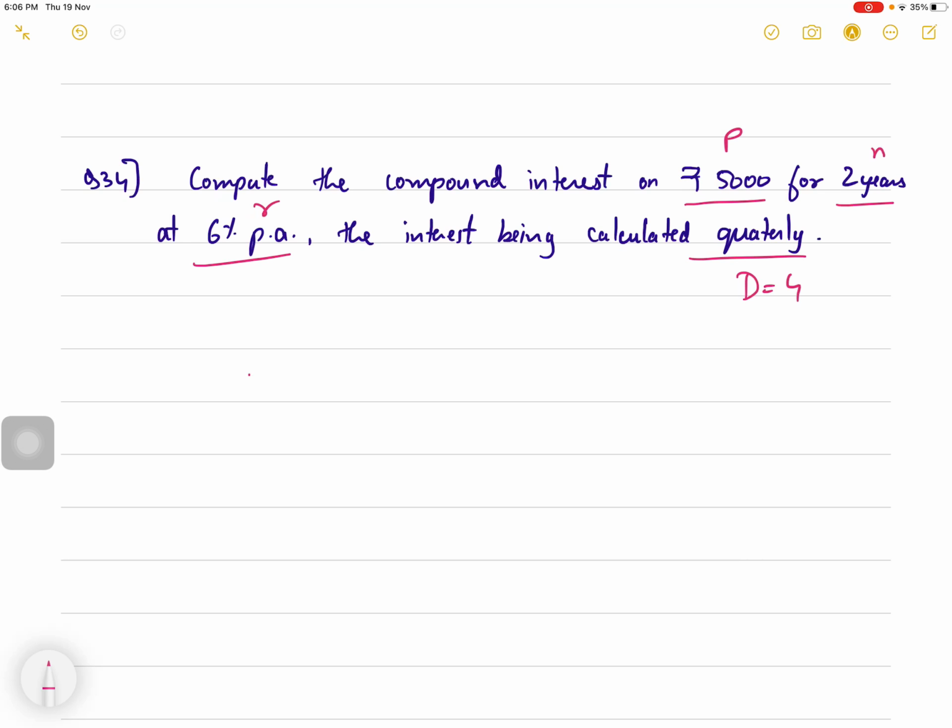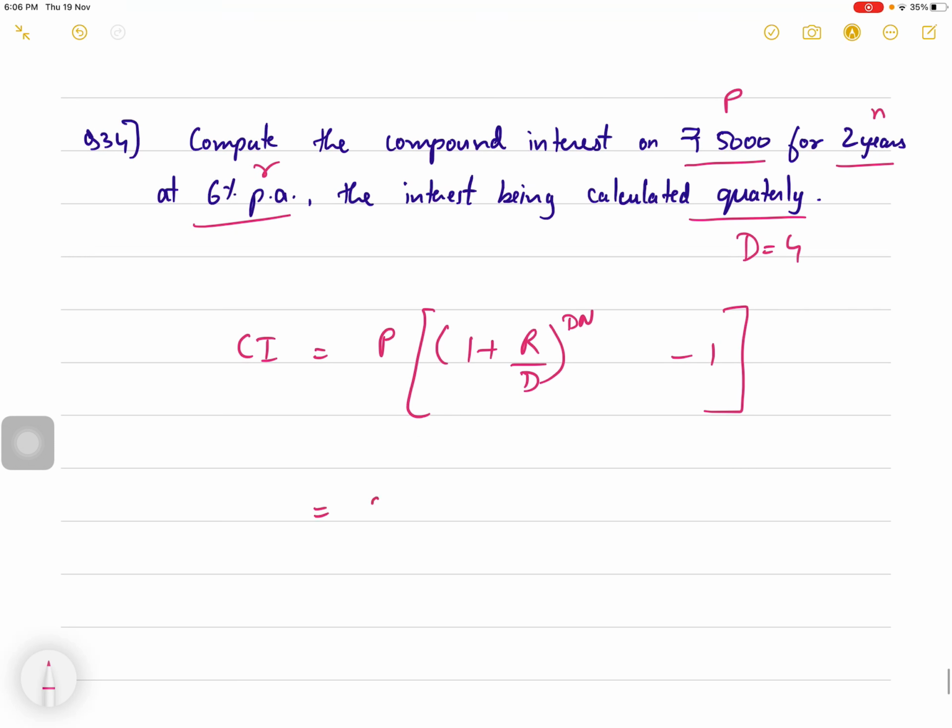So let's calculate compound interest. So compound interest is equal to P into 1 plus R by D raised to Dn, minus 1. P is 5,000. 1 plus R, R is 0.06 upon 4, raised to 4 into 2, minus 1.